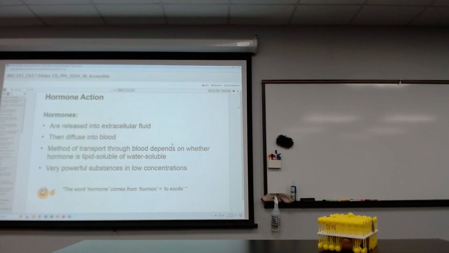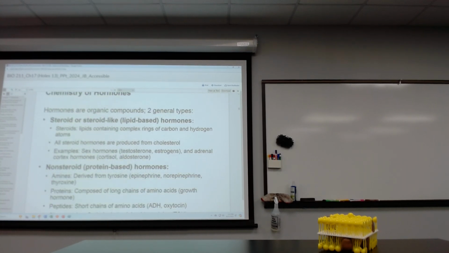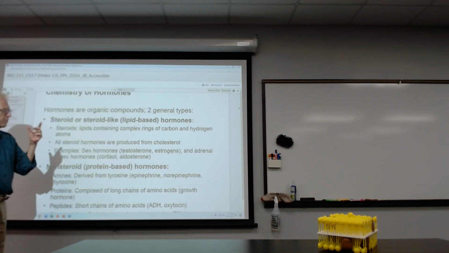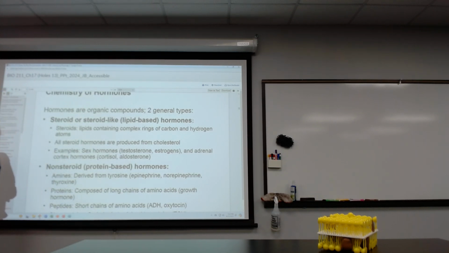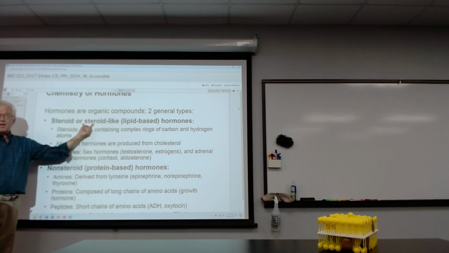Now, hormones. You need to understand that they're either going to be steroid, lipid-based, or non-steroid, protein-based. And the cool thing about this is the name of the hormone will have "ster" in it. Got it?